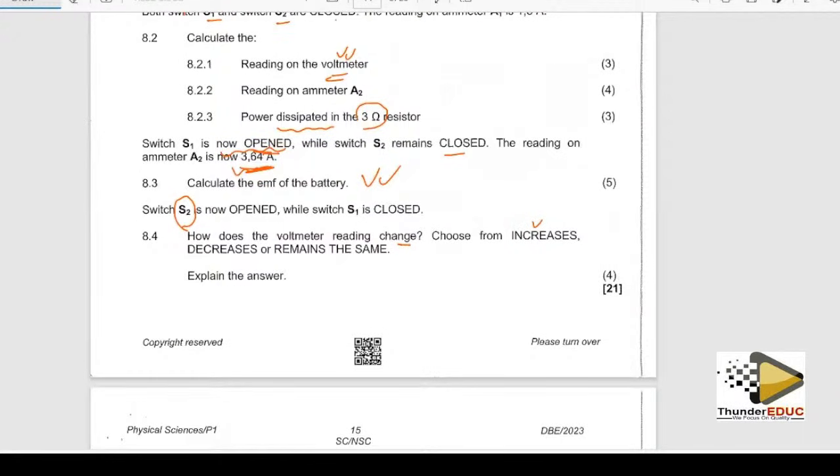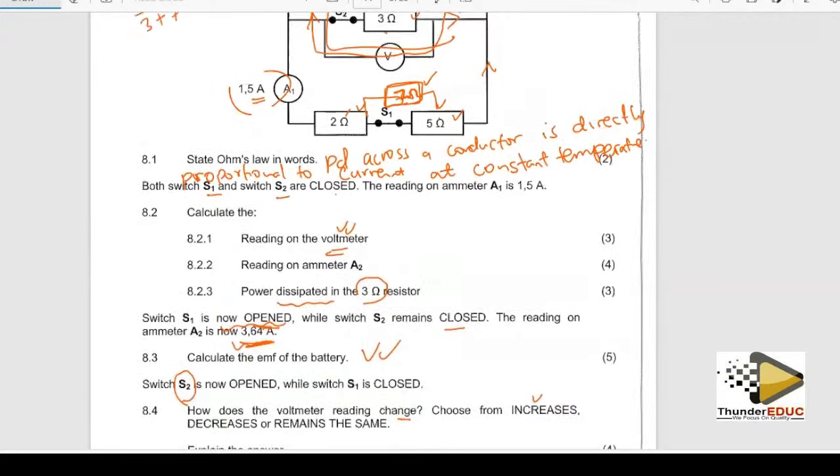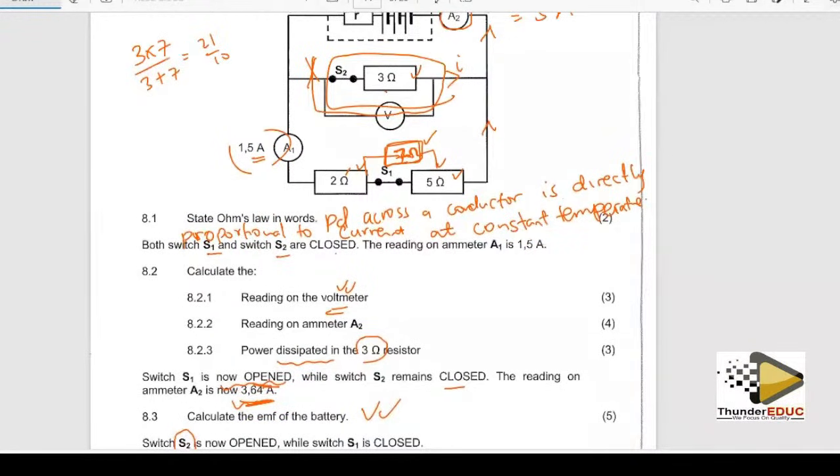Okay, so what I can see is that looking at the combination, this was in parallel, and we got the effective resistance to be 2.1. Now, if we remove the 3 ohm, the effective resistance is now going to be 7. In other words, the external resistance is going to be 7 ohms.